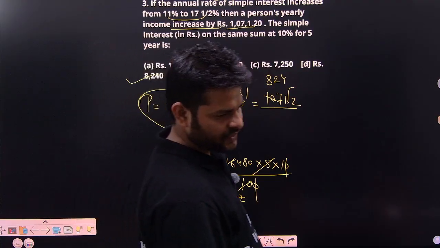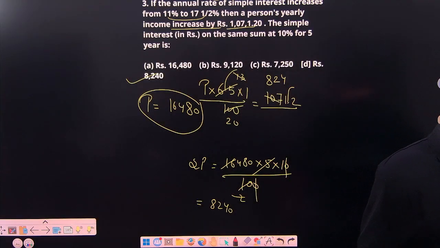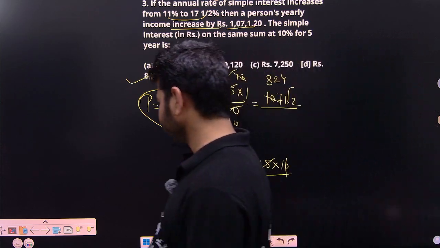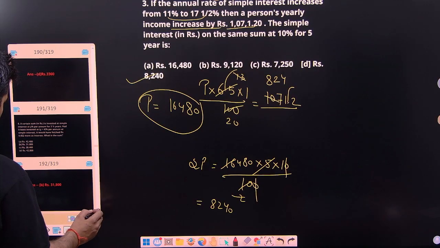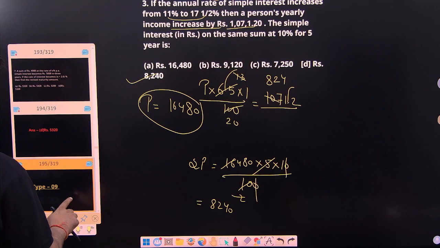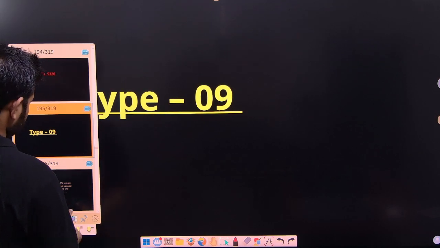The difference was one more line was added. Now let's move on to type 9. Take your time.